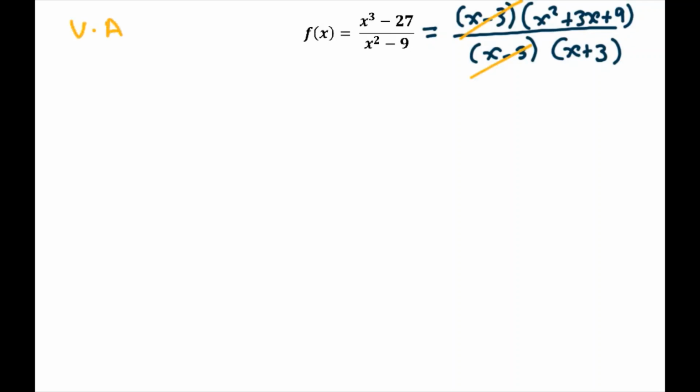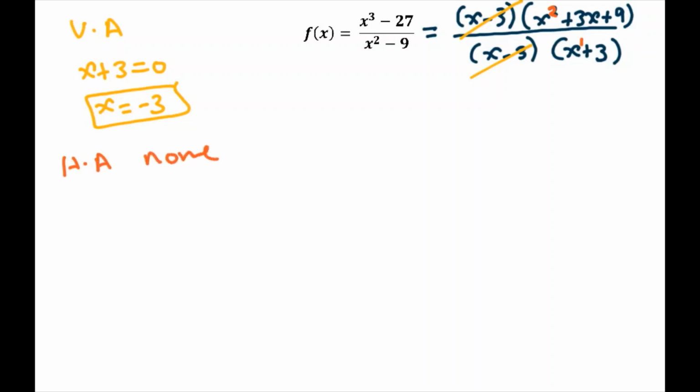The vertical asymptote will be at x plus 3 equals 0, x equals negative 3. Now, by looking here, we will realize that the degree of the numerator is greater than the degree of the denominator, so we know that there is no horizontal asymptote. Instead, we will have an oblique asymptote. In order to find it, we need to do long division.